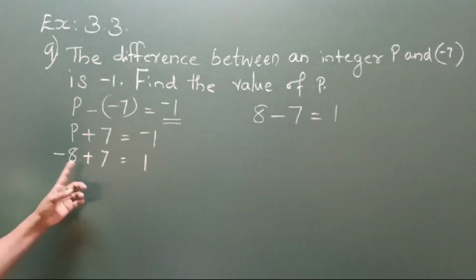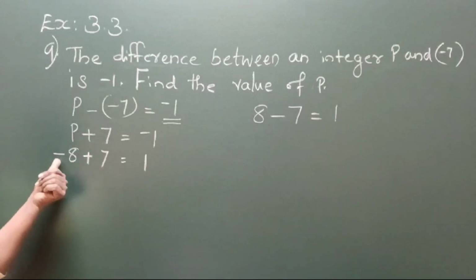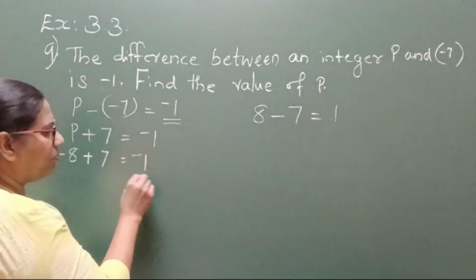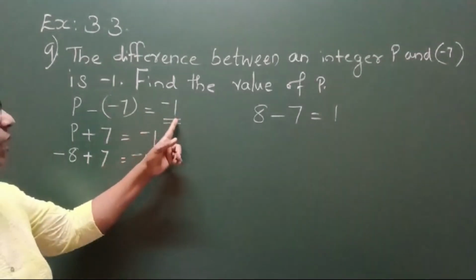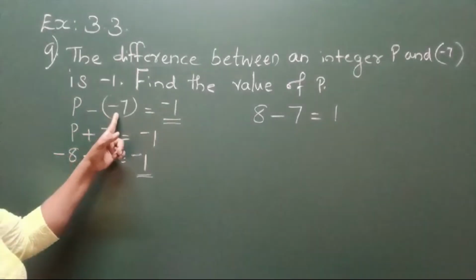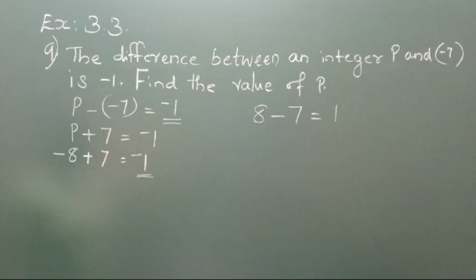And then since this 8 is greater than this 7 and the greater number's sign is minus, we have to give the minus symbol here. That is how the answer came, minus 1. You understand? p minus minus 7 is equal to minus 1, as the question says.